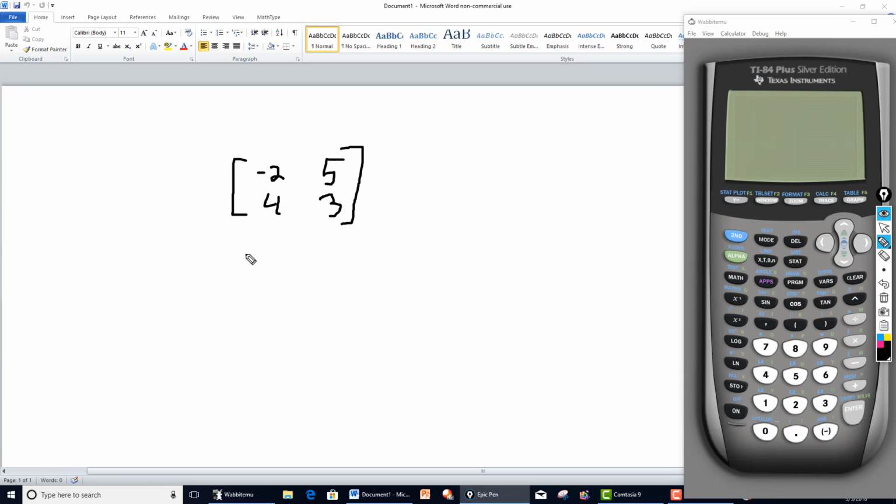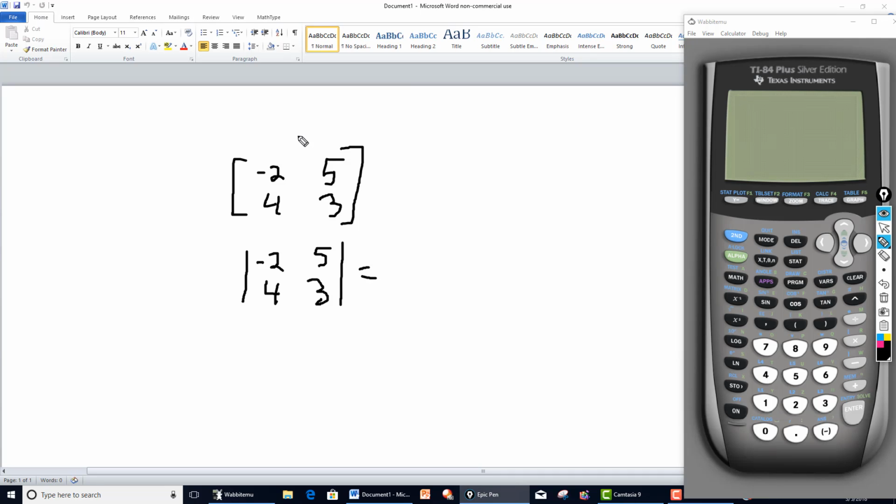Now to note that we want the determinant of the matrix, we put the same components surrounded by 2 bars. Okay.